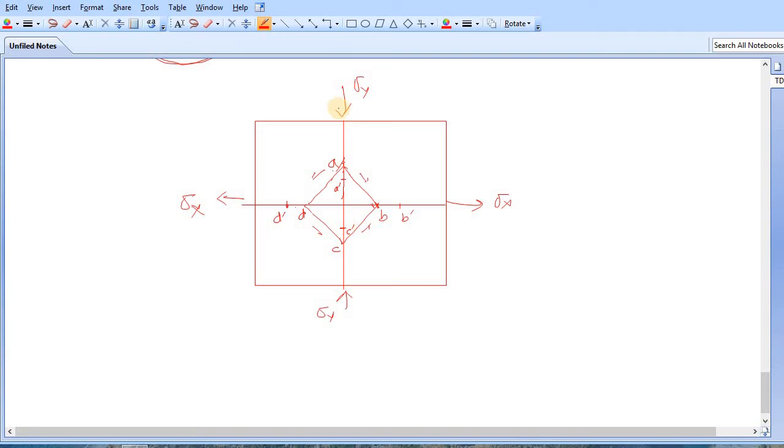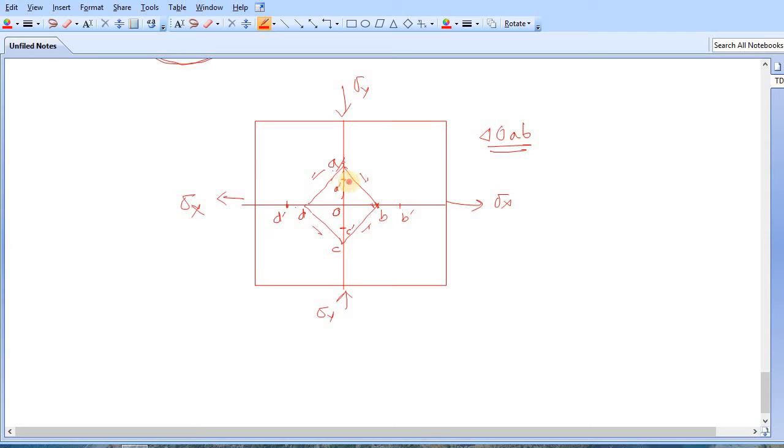Okay, so if we consider, let's say this was the origin, it is O. If we consider triangle OAB only, okay, sorry, OAB.